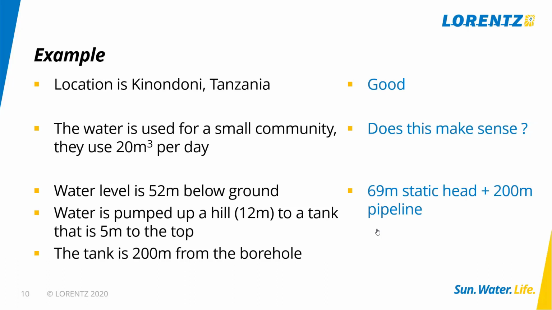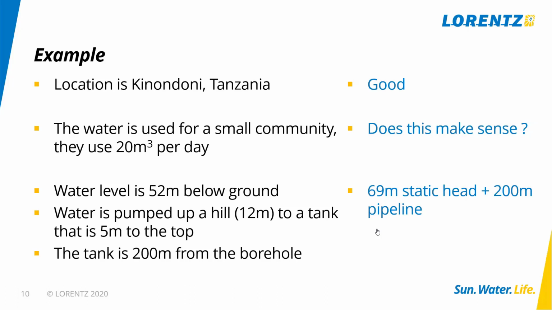I always like to ask 2 or 3 questions, even if the customer's confident about the data they're giving you. Sometimes I'll say it's a 500 meter borehole, and you think, well, actually, I know most pumps we install in that area is actually 150 meters. So maybe they got their feet and meters mixed up. So it's worth checking all the time that these questions are correct and the data's correct, or you'll end up oversizing the system.